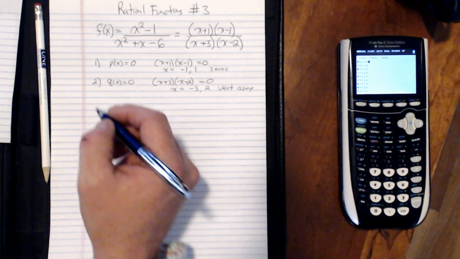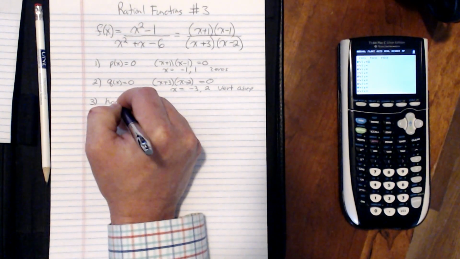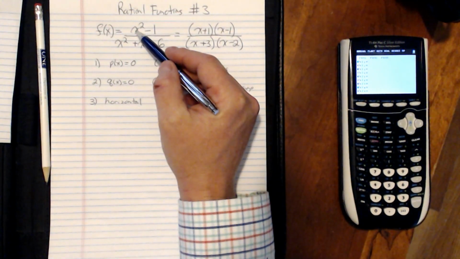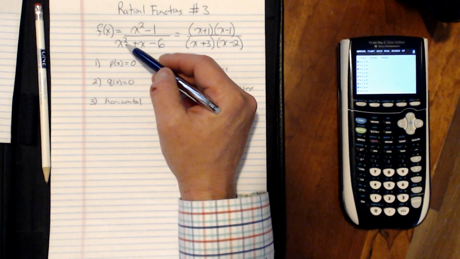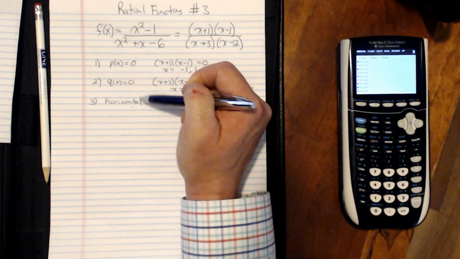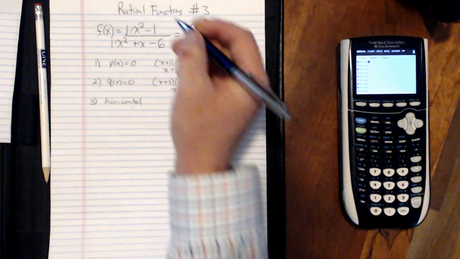Now I want to look at my horizontal asymptotes. Because the degree of my polynomial on top is the same as the degree of my polynomial on bottom, the horizontal asymptote is going to be a ratio of the leading coefficients. In this case, we have 1 and 1.